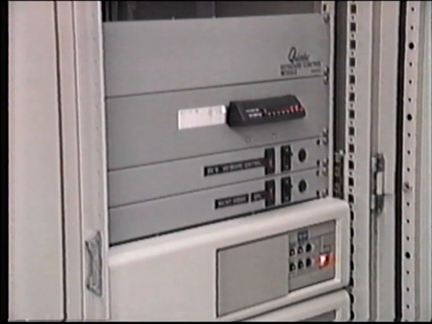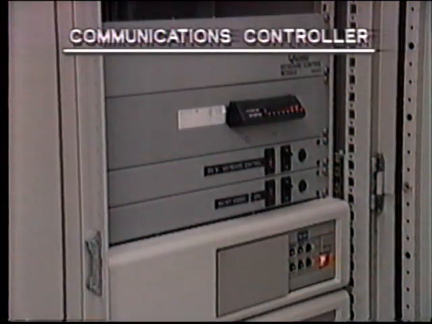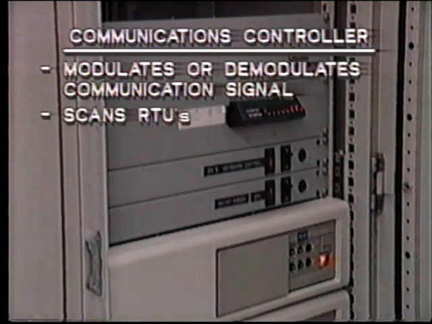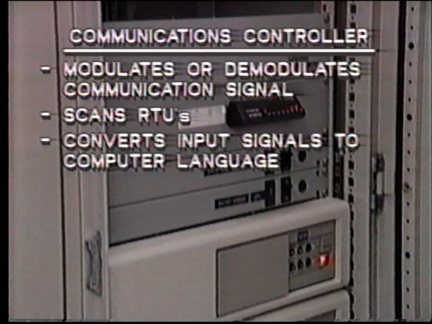Generally, the communications controller performs the following tasks: modulates or demodulates the communications signal. In some installations, this function may be performed by a separate modem. Scans the RTUs and temporarily stores the data. Converts the incoming signals to computer language.